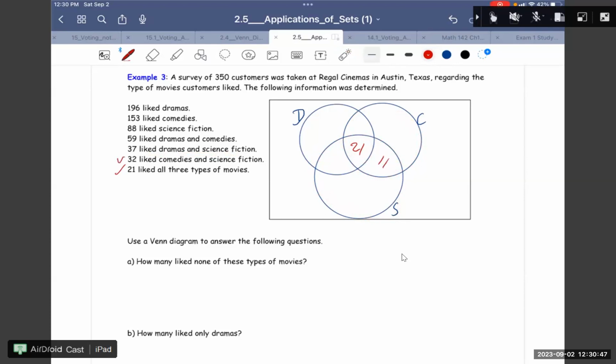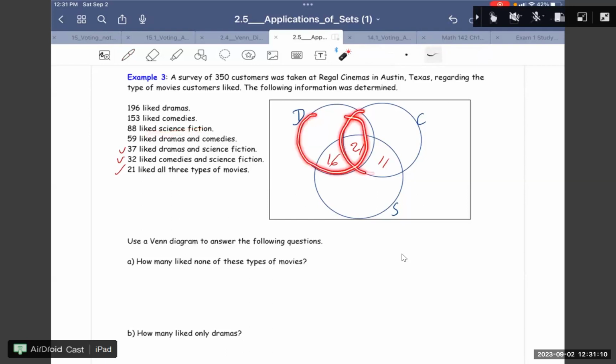And 37 like drama and science fiction. So drama and science fiction, but we already used this 21. So 37 minus 21, we have 16. And 59 like drama and comedy.